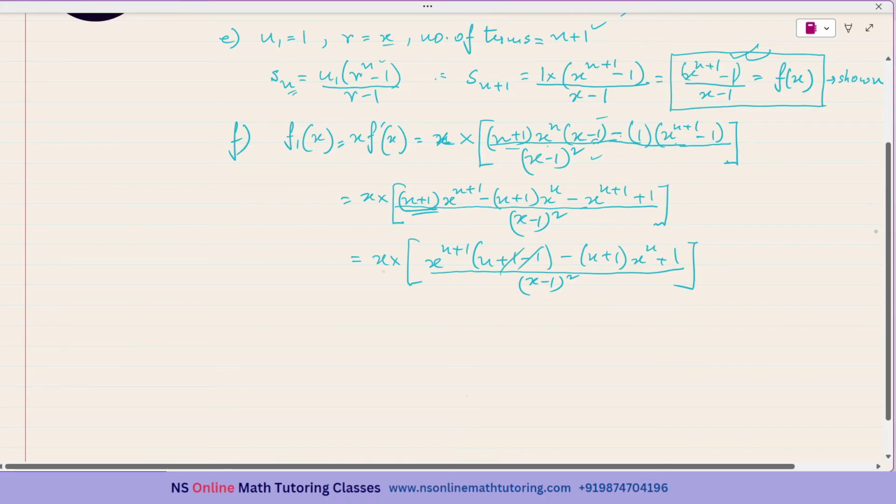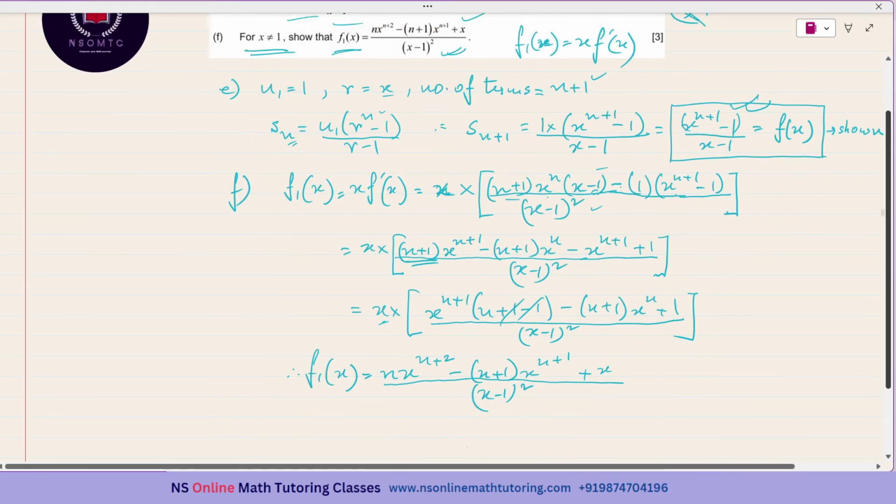Now we can multiply. X times x to the power of n plus 1 is equal to, therefore, f1 of x is equal to x to the power of n plus 2, and this is n. So n times x to the power of n plus 2 minus n plus 1. X to the power of n times x is x to the power of n plus 1 plus x divided by x minus 1 whole square.